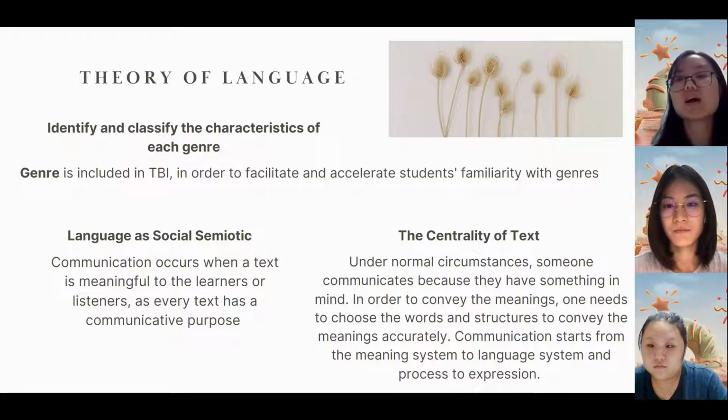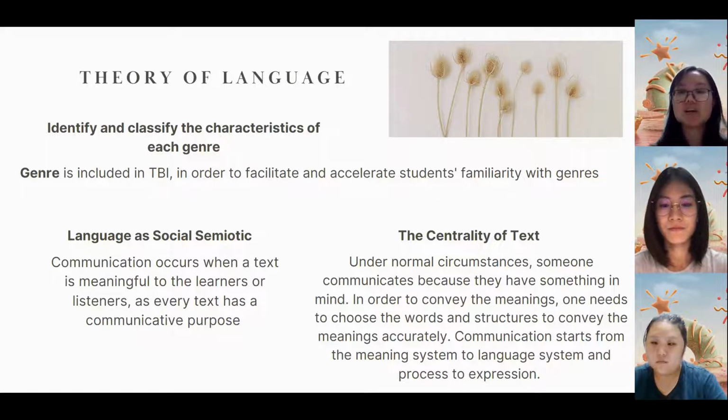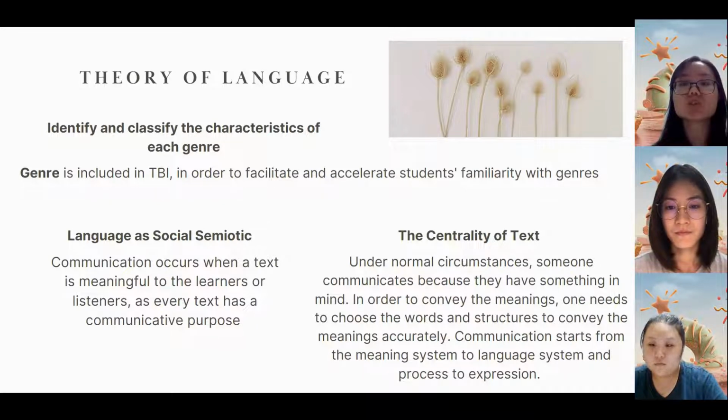In TBI, the text is the center, and under normal circumstances, someone communicates because they have something in their mind. In order to convey the meanings, they need to choose the words and structure them to convey the meanings more accurately. Any communication starts from the meaning system to the language system and proceeds to expression.